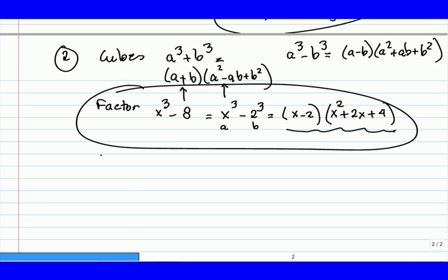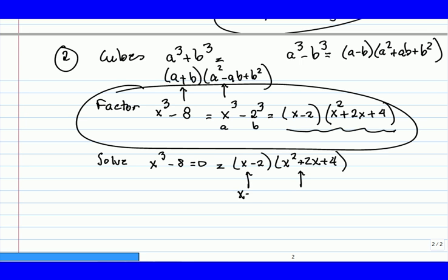If they ask the same thing and then they say solve, x cubed minus 8 equals 0, for example, it's an equation. You first factor, and you need to know the factoring. Then for the zero product property, you have to set each factor to 0.